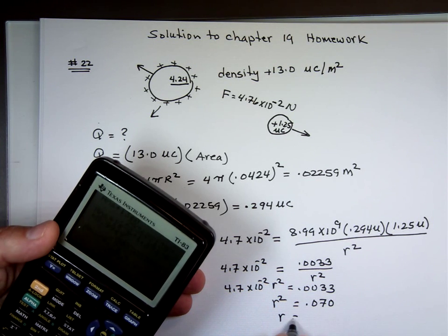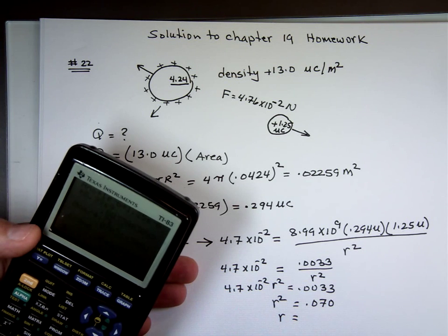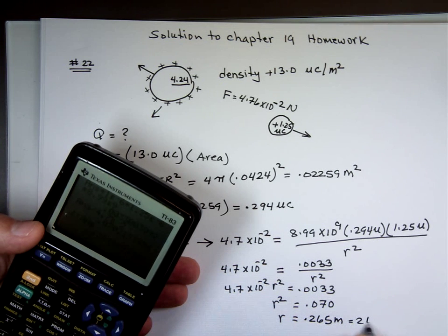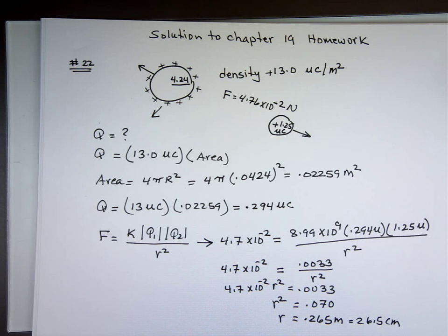R will be the square root of that number, which is 0.265 meters, or 26.5 centimeters.